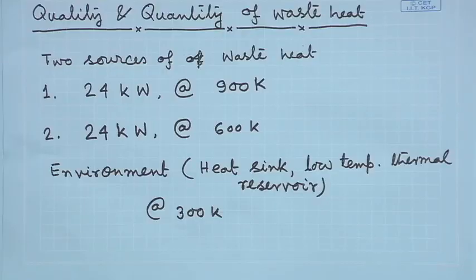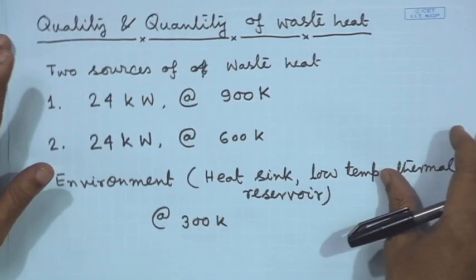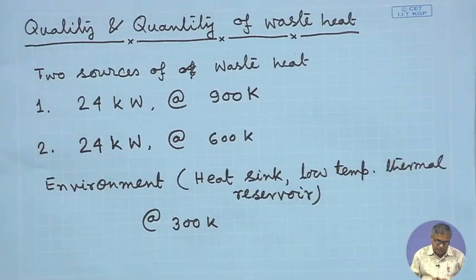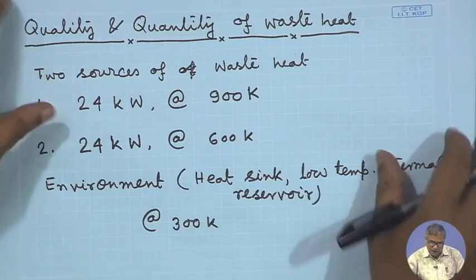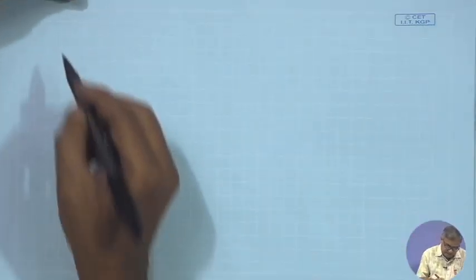Two sources of waste heat, both having 24 kilowatt of thermal energy. The first source is at 900 Kelvin and the second source is at 600 Kelvin, and the ambient is at 300 Kelvin. So, graphically, if I try to represent this, it is like this.